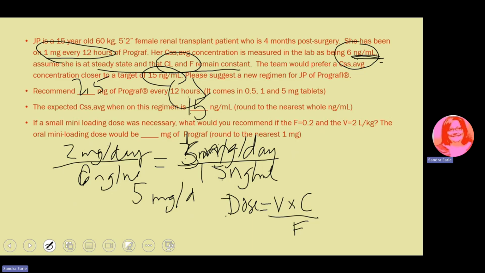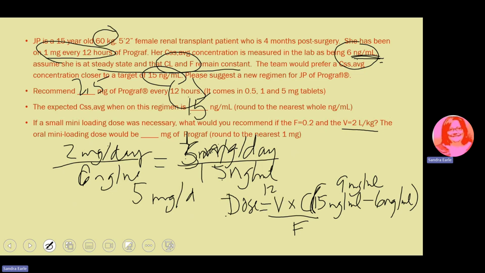So the target is 15 nanograms per ml. But we're going to subtract what they already have in their system, which is 6 nanograms per ml. So we're going to want to increase by 9 nanograms per ml, right? And our volume is 2 liters per kilogram. She's 60 kilograms. So our volume is 120 liters, isn't it?